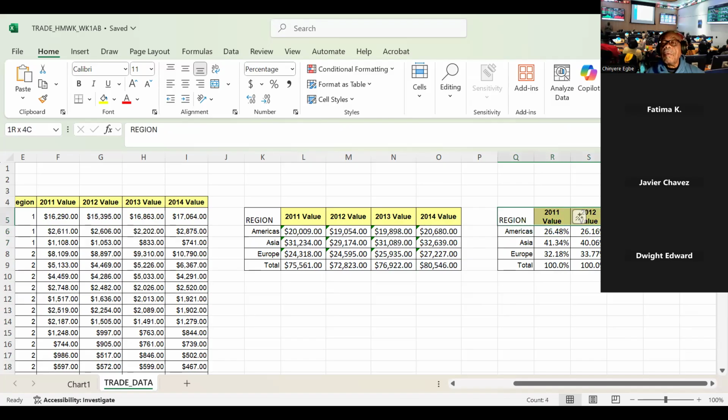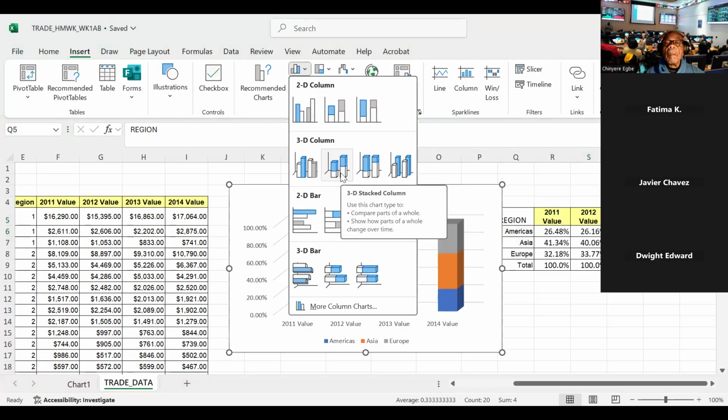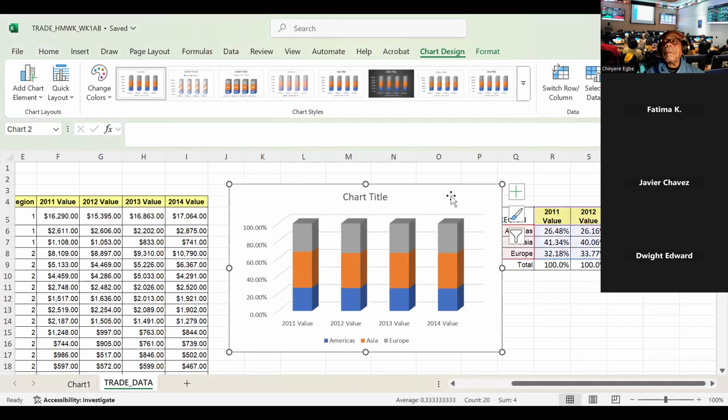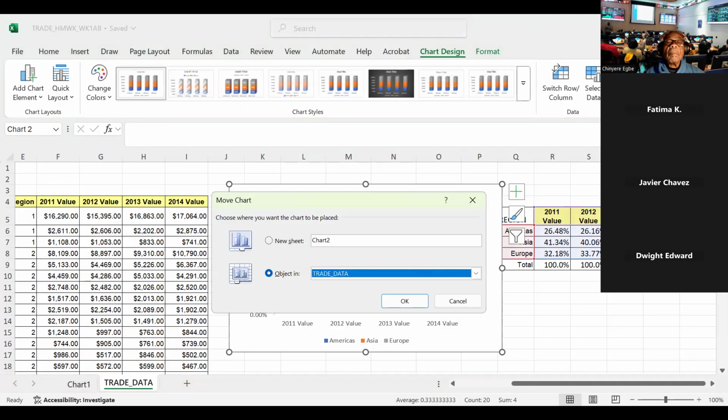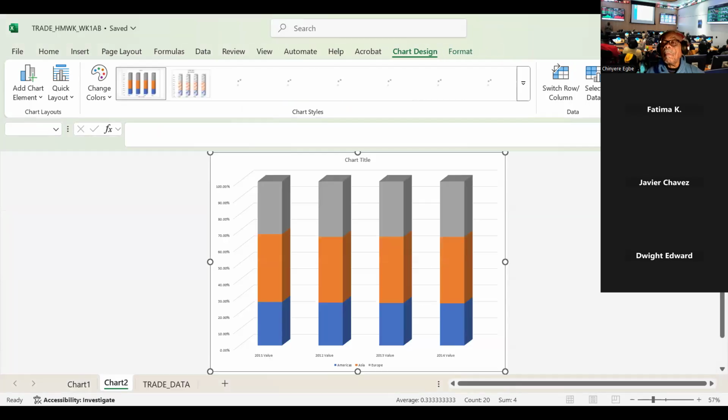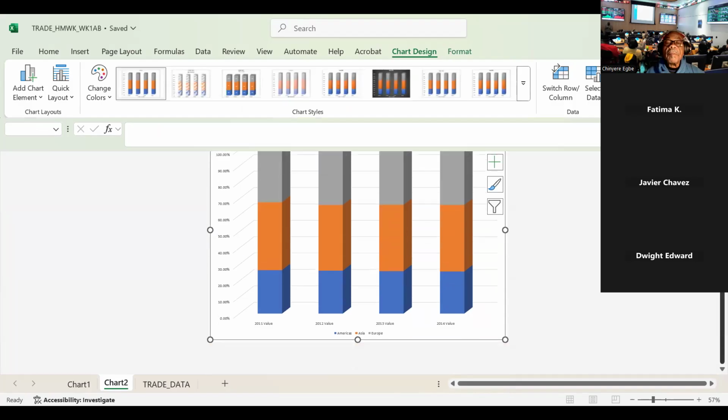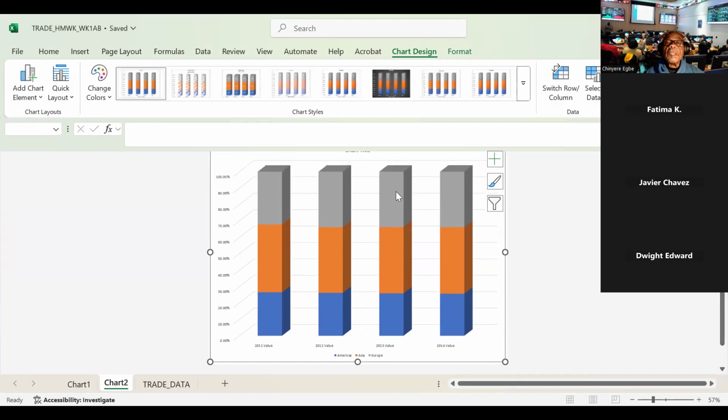And you can now plot a chart. This is chart number 2. And I put proper labels, proper percentages.